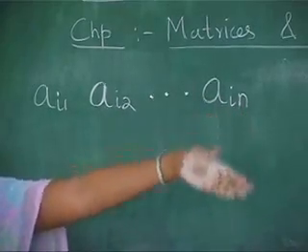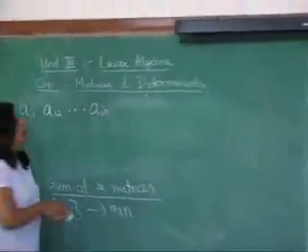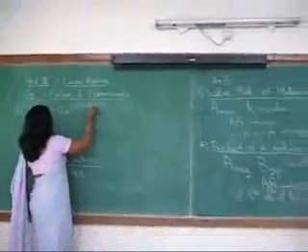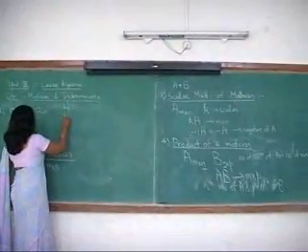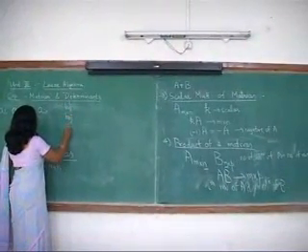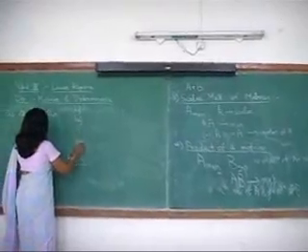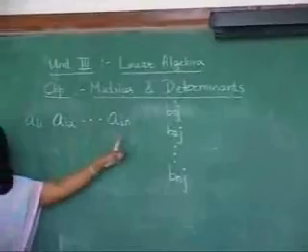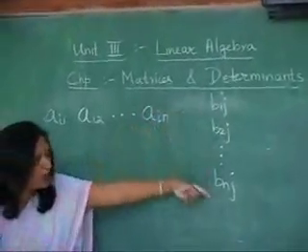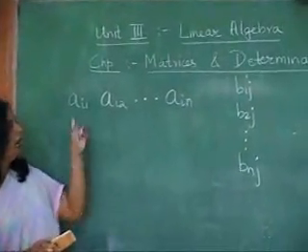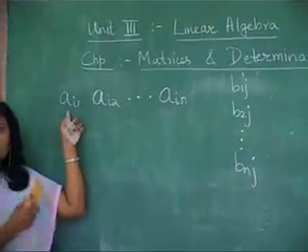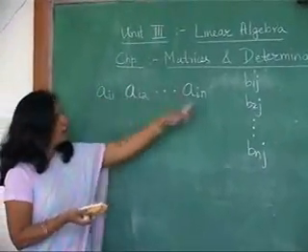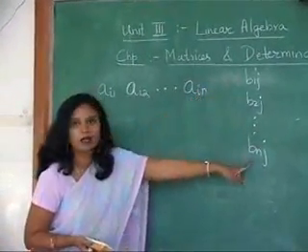And let's take the jth column of capital B: B1j, B2j, Bnj. So first take the ith row from capital A, jth column from capital B, and now multiply the corresponding elements of the selected row and the column.